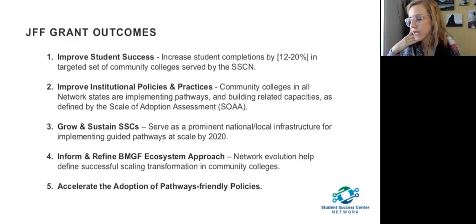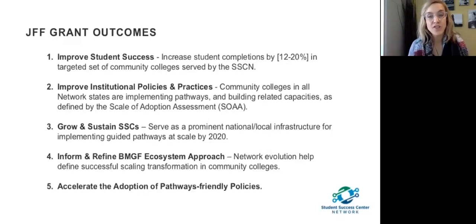Each state has a very different policy environment. So those are the conversations we're just engaging in right now that Jen mentioned a little while ago. And I think we have Arkansas and Washington as the first couple of conversations, and there are others already scheduled. So we hope to speak with each of the 15 states. And that's an example of what comes under this outcome number 5.